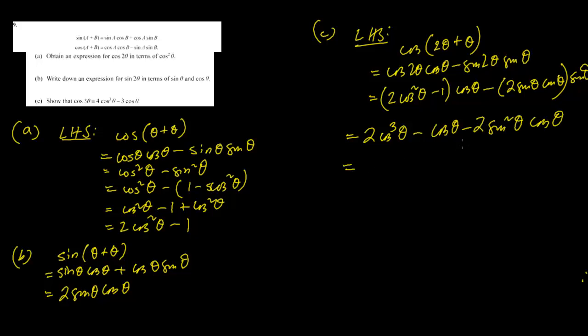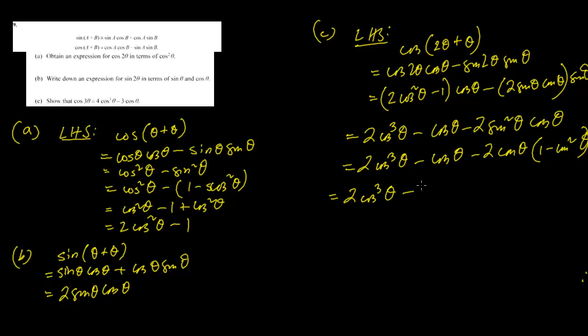So we are almost done. The only thing is that the answer has to have only cos theta. So let's convert the sine squared theta. So this would be 2 cos cubed theta minus cos theta minus 2 cos theta times sine squared theta. Let me write sine squared theta over here as 1 minus cos squared theta. So it turns out to be 2 cos cubed theta minus cos theta minus 2 cos theta into 1 is 2 cos theta, minus into minus is plus 2 cos cubed theta.